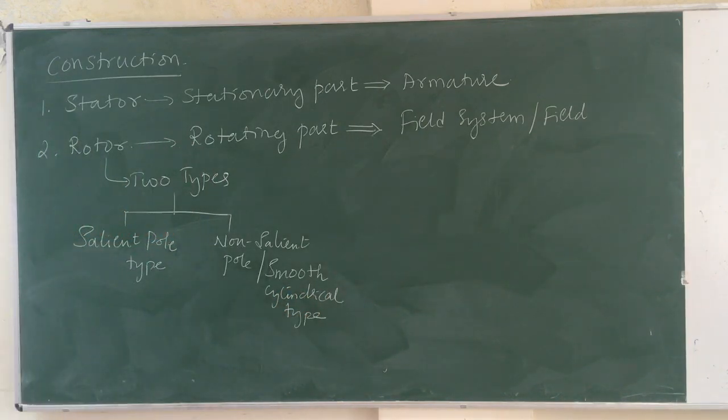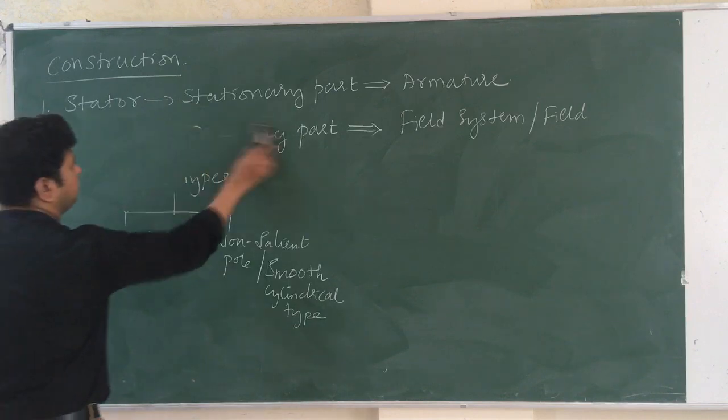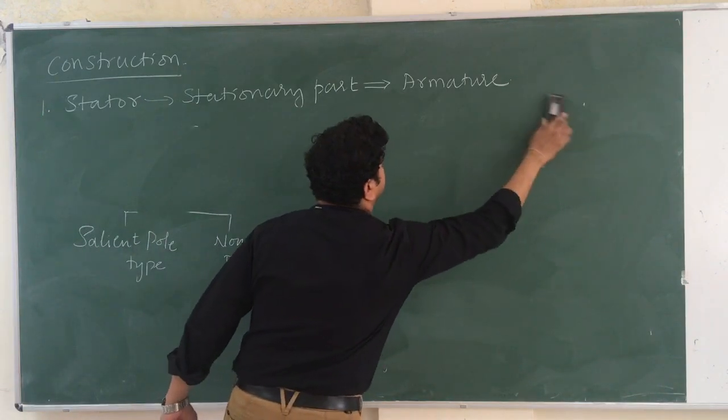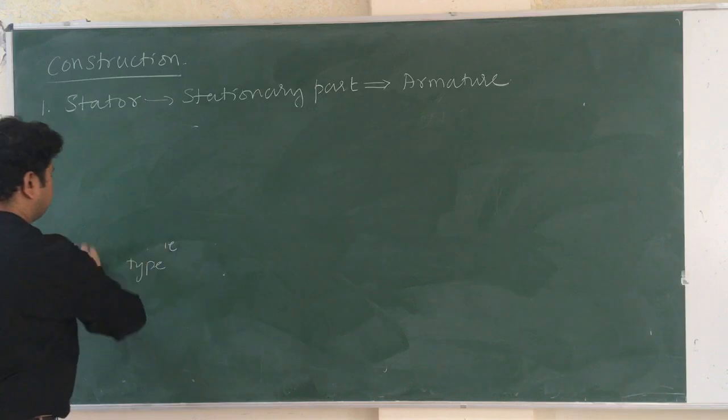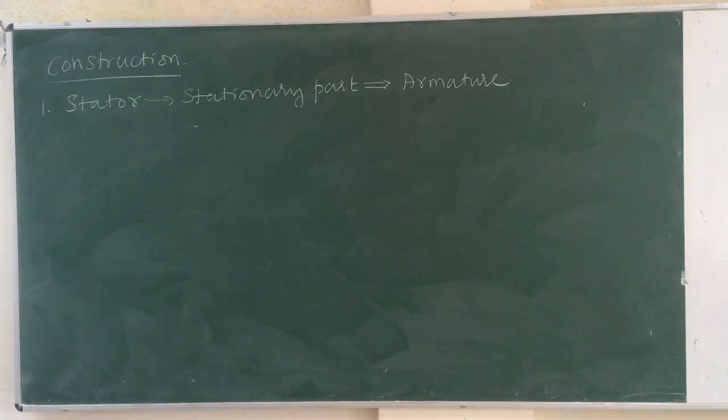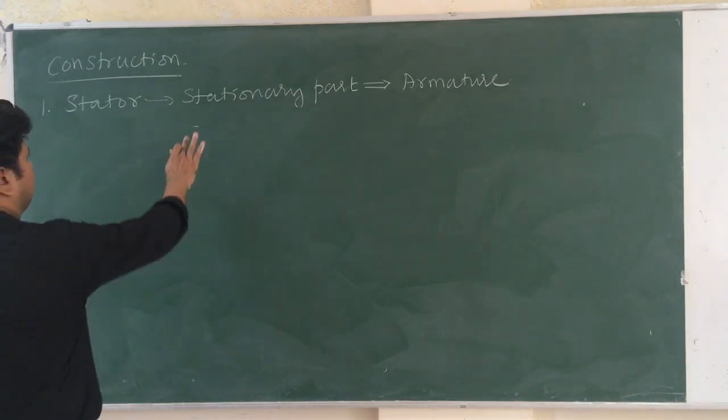So we will see one by one the parts of the construction. Salient pole type and non-salient pole type are the rotors. The stator is the same for both types of rotors. So first we will see the stator, that is the armature.